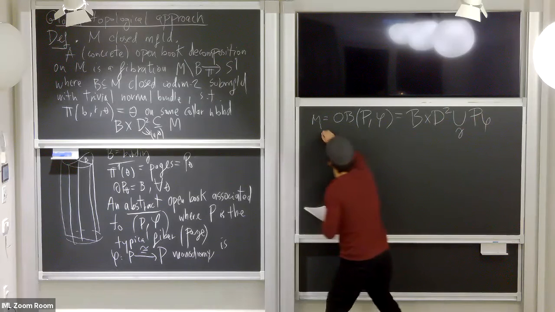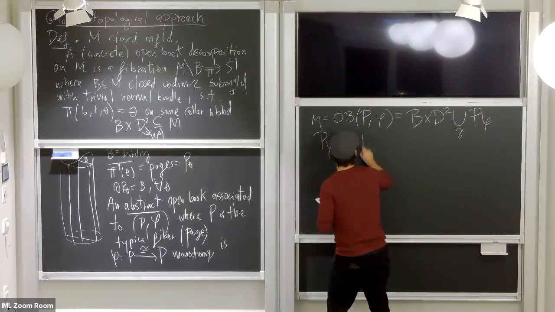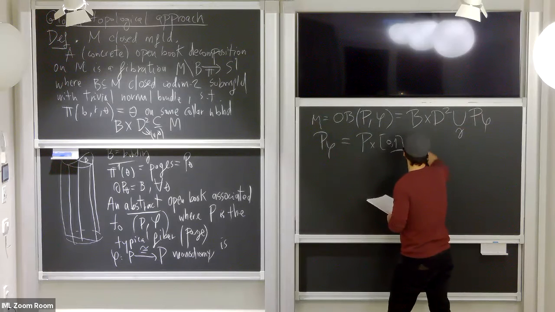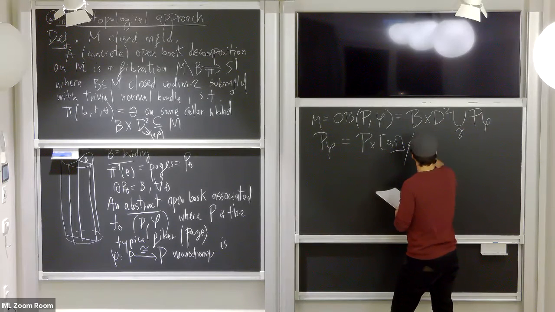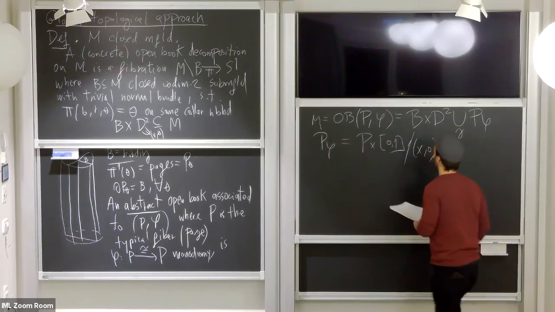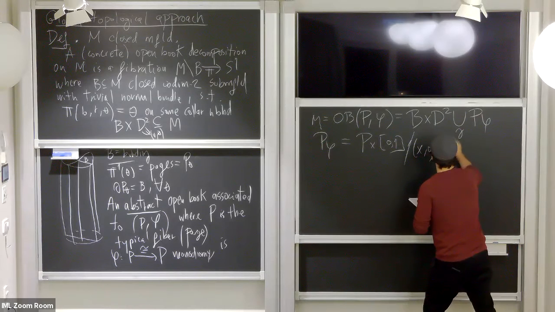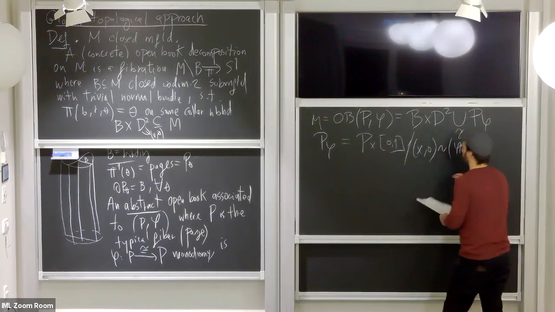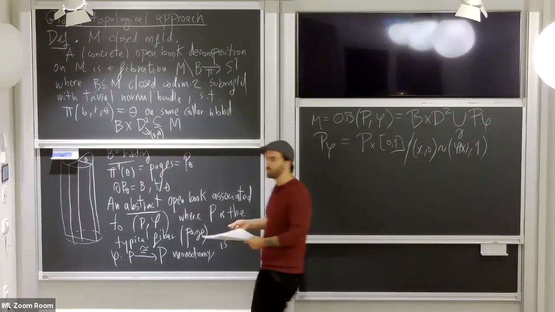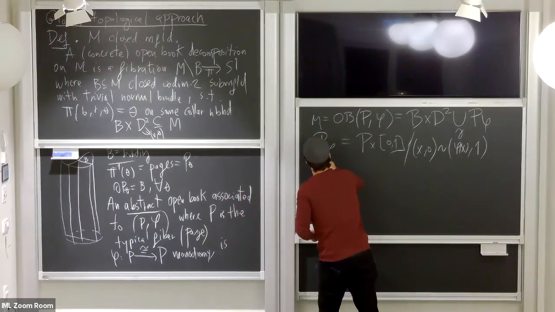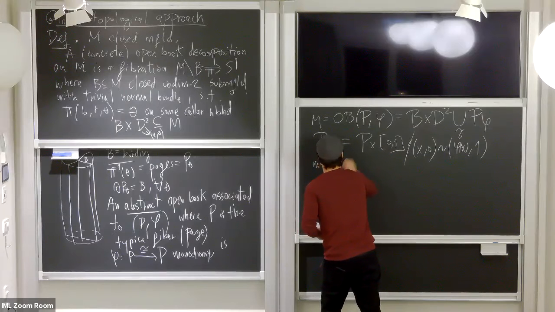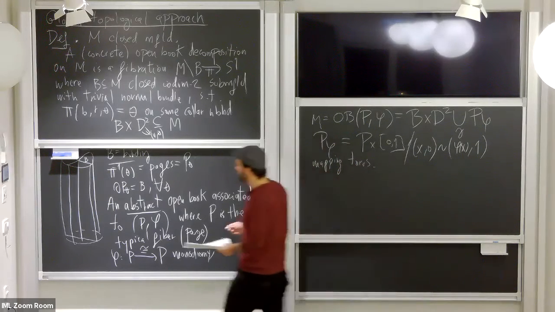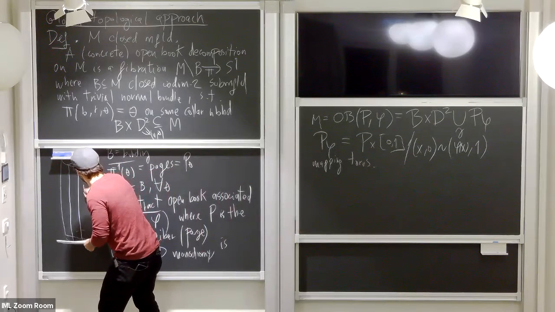Here the mapping torus is just the quotient of the interval times P by a relation: I glue the top lid to the bottom lid with this diffeomorphism. So this is a mapping torus.